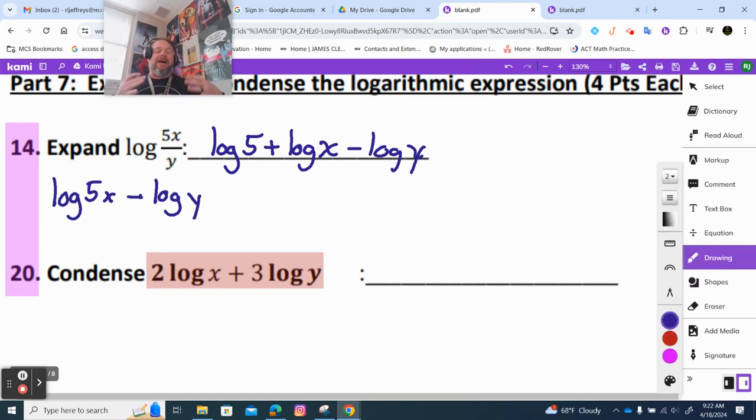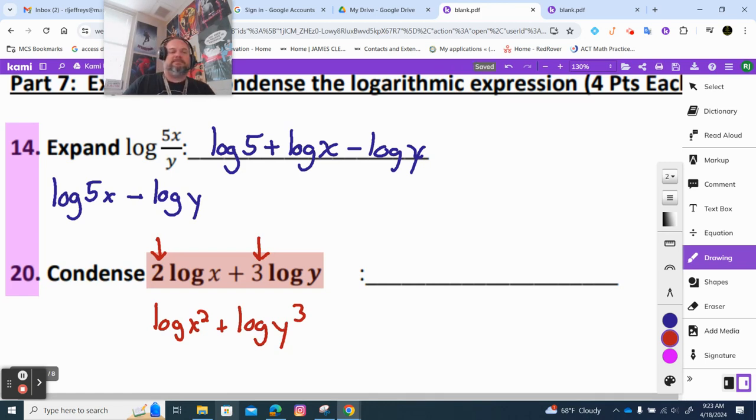All right, I want to look at stuff that I can rewrite easily. Okay, the first thing I see is that it has numbers in front. Well, if these numbers in front, I can rewrite those as exponents. I can rewrite it as log x squared plus log of y to the third.